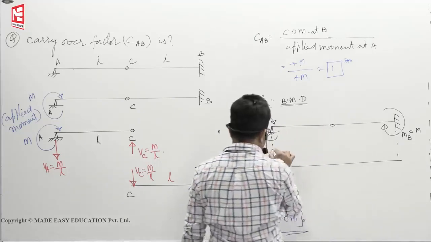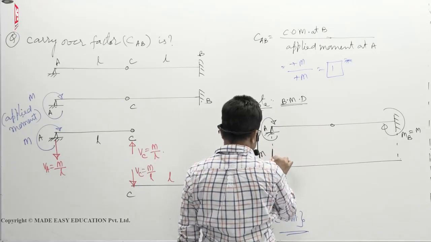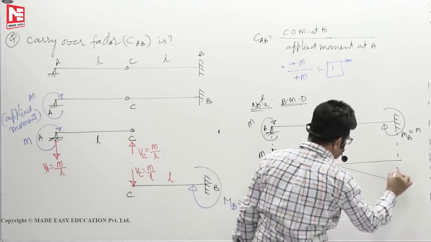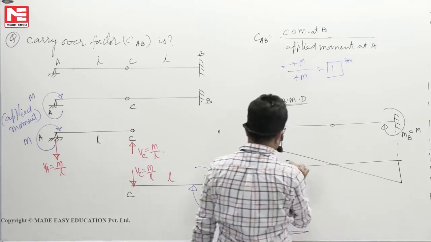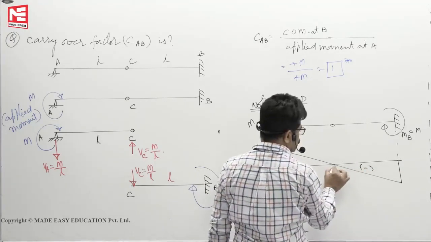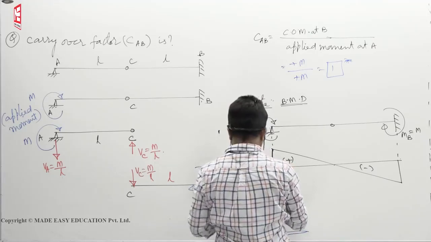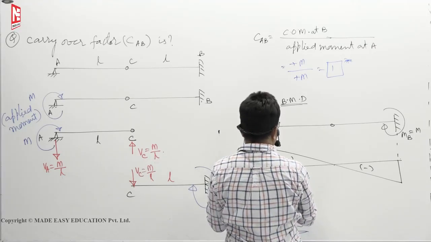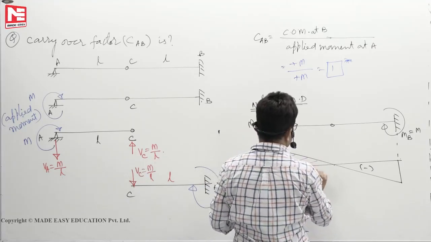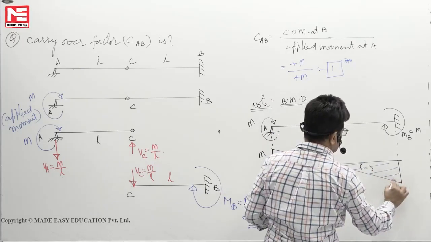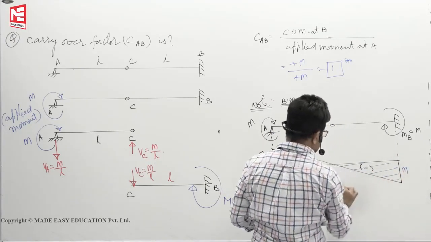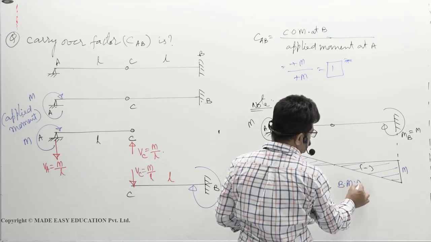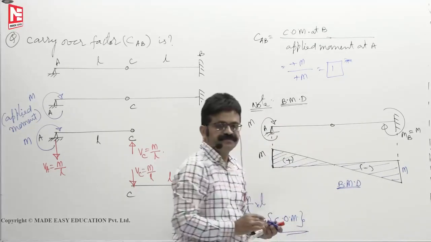At the pin, this is M plus M. Here it should go down, plus minus. See, at the pin connection, bending moment is 0. This is how the bending moment diagram goes for this problem.